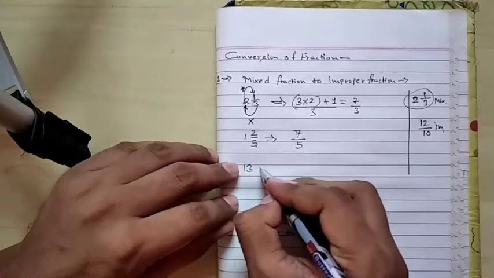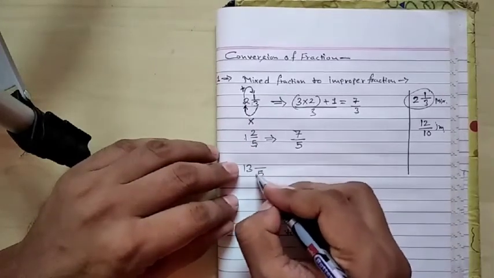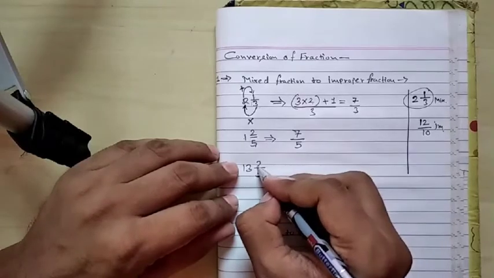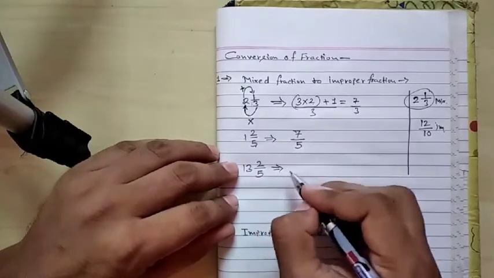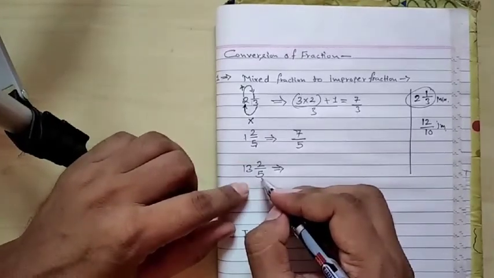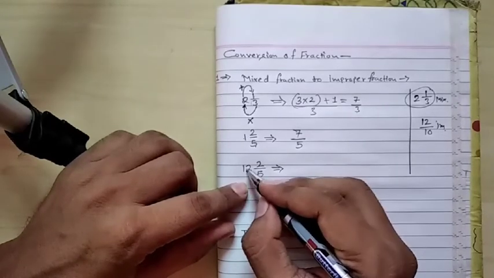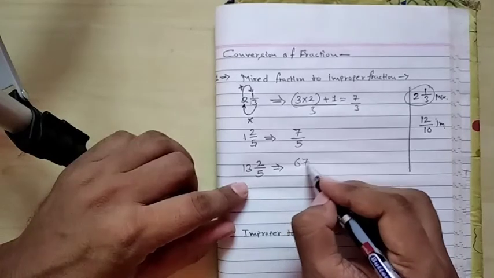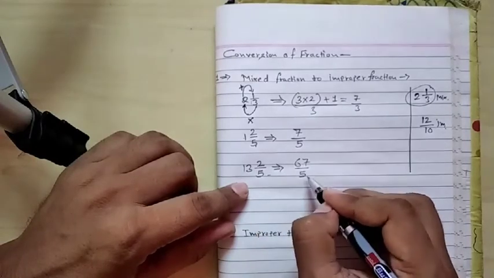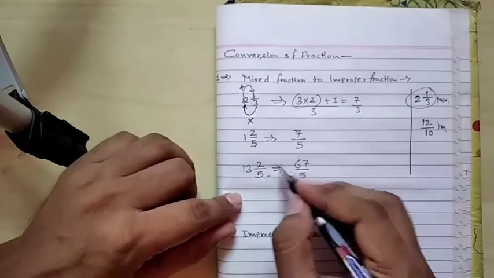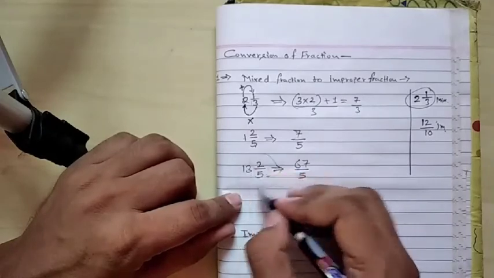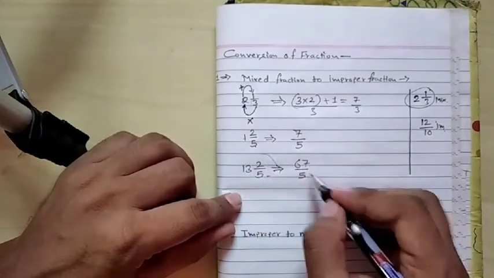Now one more thing. Okay, we have to change this. So first of all, we will multiply 5 into 13. It will be 65, and 65 and 2 is 67, and the denominator will remain the same. Okay, so this way you can change the mixed fraction to the improper fraction.